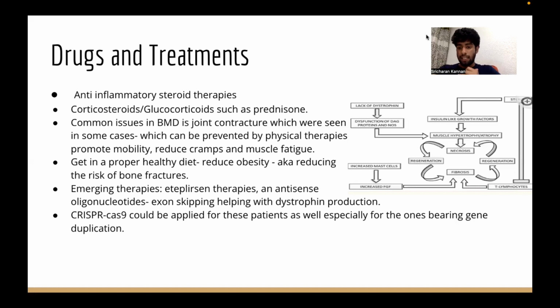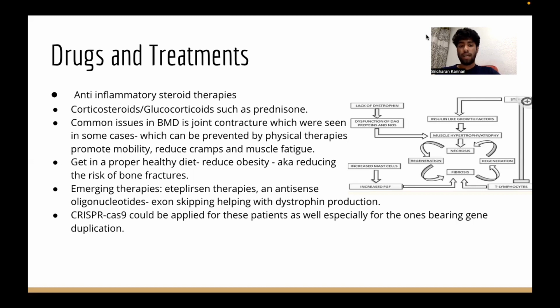Again, corticosteroids do promote obese conditions in some patients. But aside from the treatments, what you can take care of at home as a BMD patient is a healthy diet.